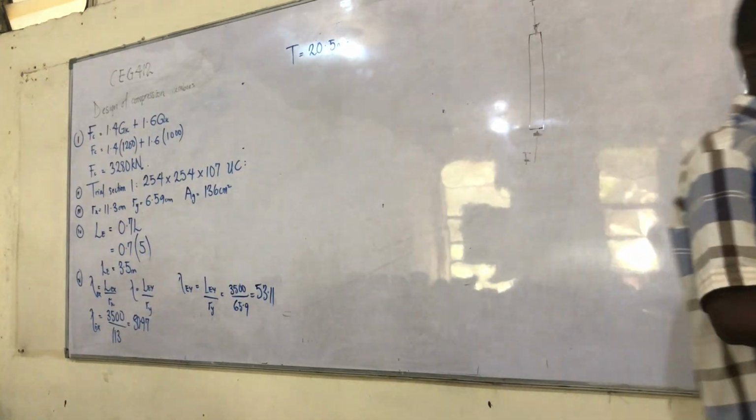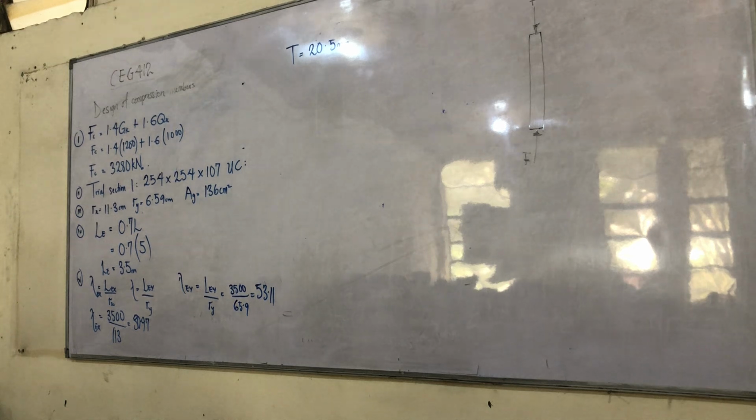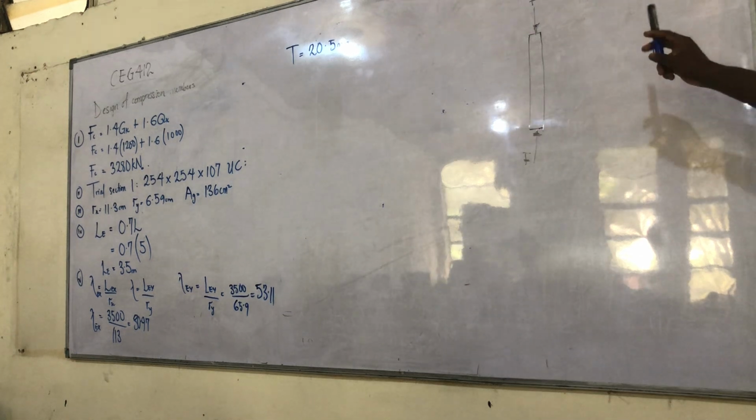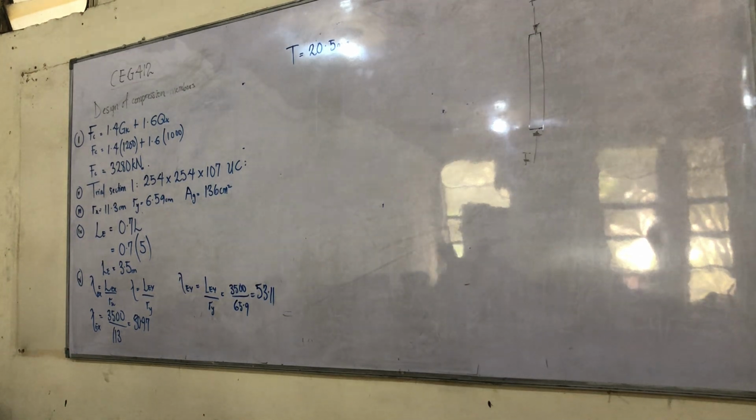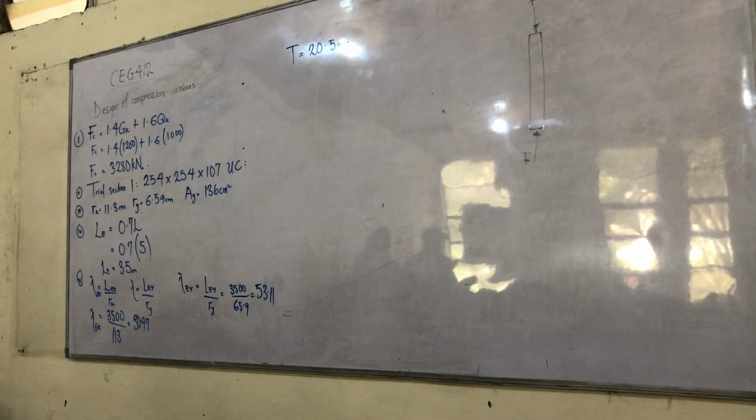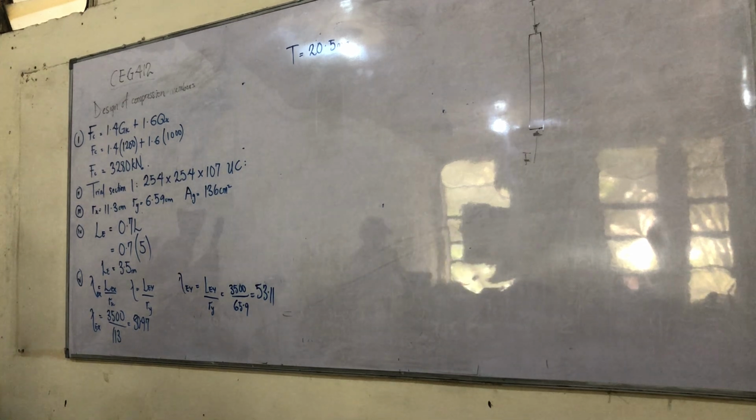Now, let's go to that row for the rolled H section. So our maximum thickness is what? 20.5 mm. The first one says lesser than, that is, is your maximum thickness lesser than or equal to 40? Yes.